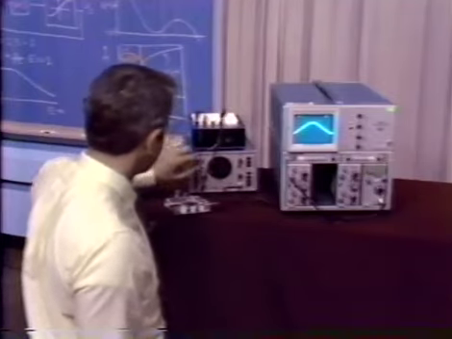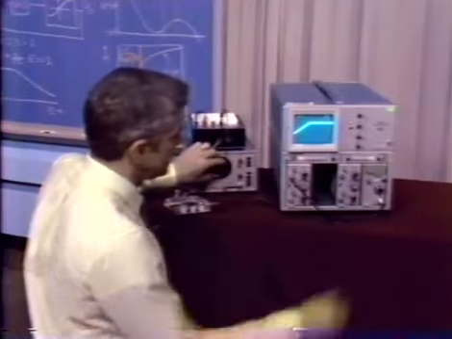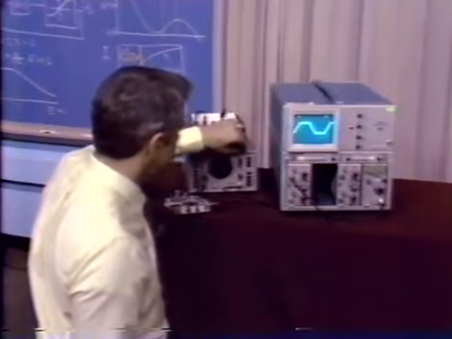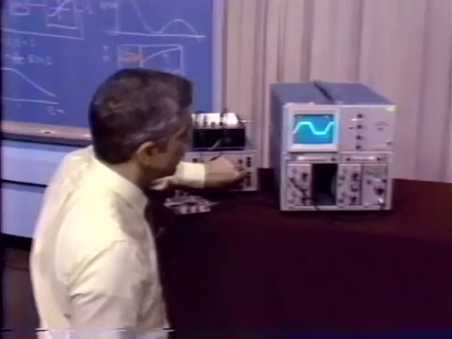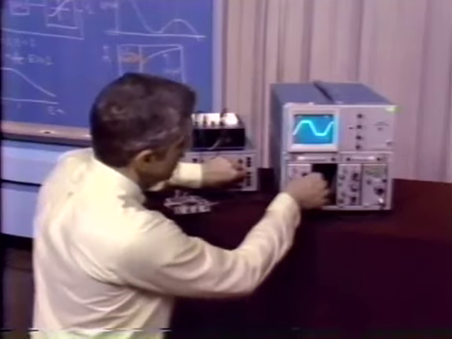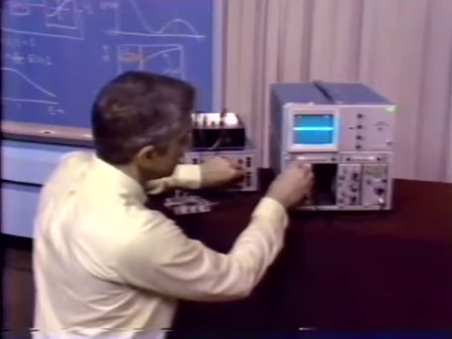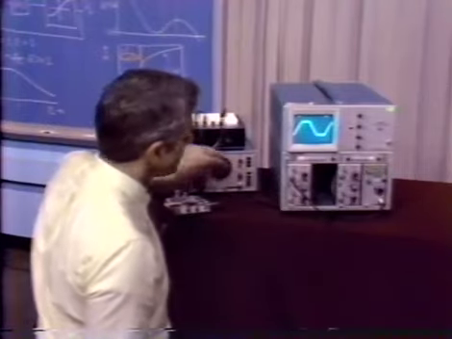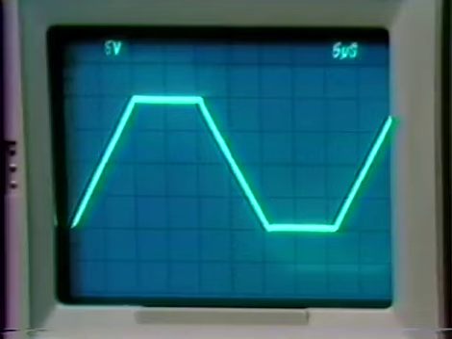Let me slow things down just a little bit. We're looking at the response to a square wave applied to our inverter. And see if we can center things. All right, now we have basically a full scale output signal applied to our inverting amplifier.